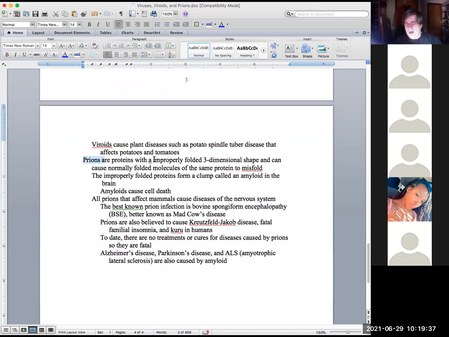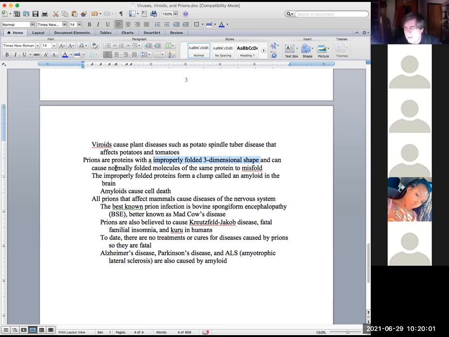Prions are actually just proteins. They're proteins that have the correct primary structure. So they have the right amino acids in the right order, but something goes wrong and they fold into an incorrect three-dimensional shape.